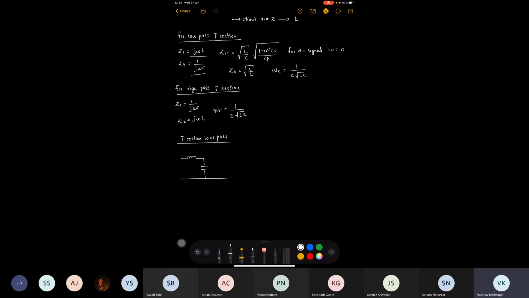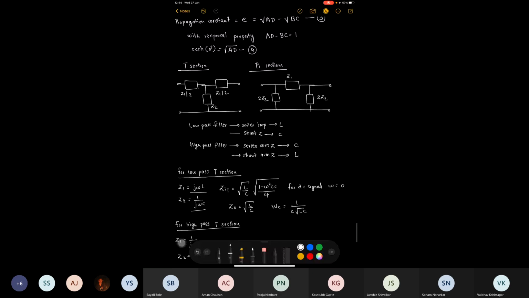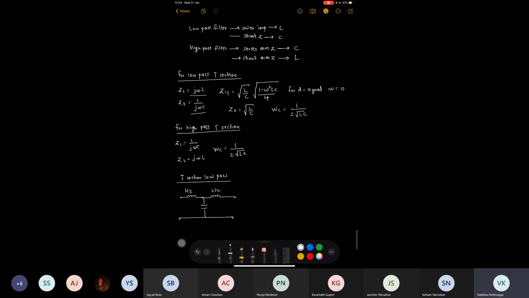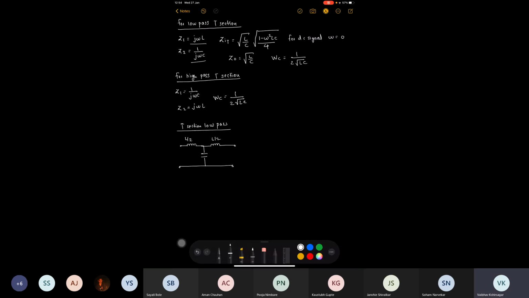It is so simple, in this way, right? So this circuit will act as a filter device in T configuration or in T section, which will give us a low pass behavior. Okay, and this has to be L by 2, L by 2 as discussed over here in this configuration. Okay, and similarly here, what we are going to write is a capacitor C. Okay, so this is the low pass T section.